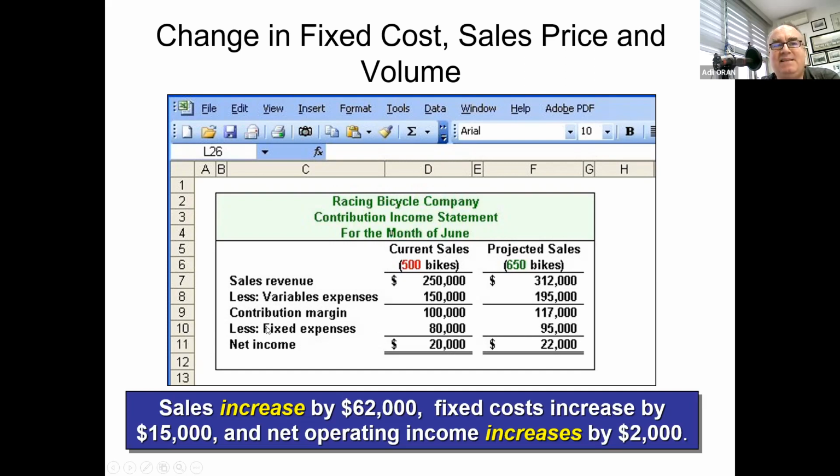Then minus fixed expenses. They were 80,000. They've become 95,000 because of the additional advertising, meaning that the net operating income left over after the new fixed costs are also taken into account gives us a net operating income of 22,000. So overall effect has been to increase net operating income by 2,000.